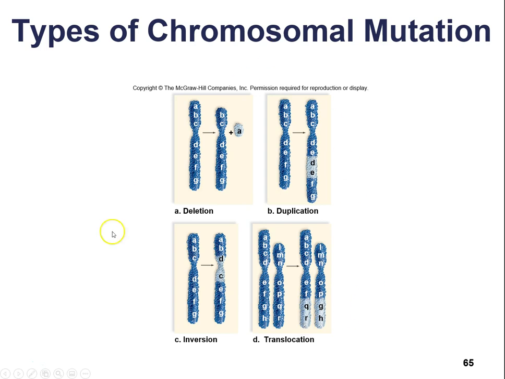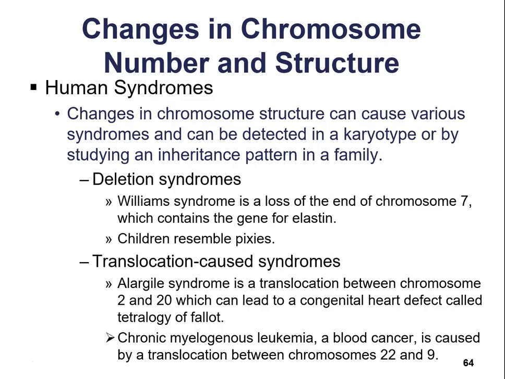So these types of abnormalities in terms of changes in chromosome structure can lead to syndromes and diseases. These can be detected by karyotype as well, and also by looking at inheritance patterns in families.